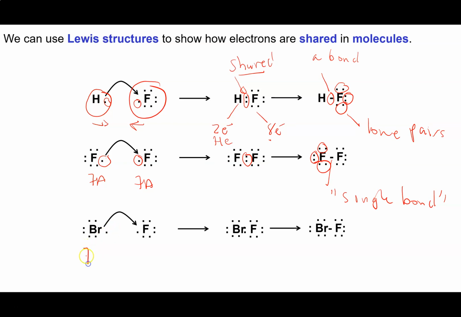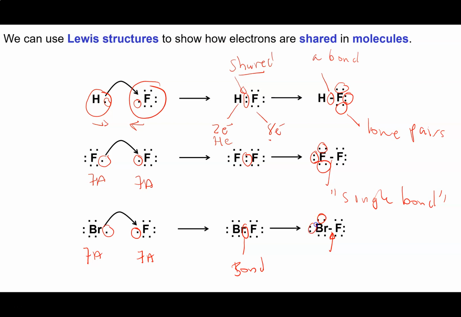Here's bromine, it's also in 7A, coming together with a fluorine, which is in 7A, and what's going to happen, these are going to pair up and they're going to become shared between the two atoms. So there's our bond in there. So a covalent bond is simply a shared pair of electrons, and then we're replacing that shared pair of electrons, the two dots there, with a single line.